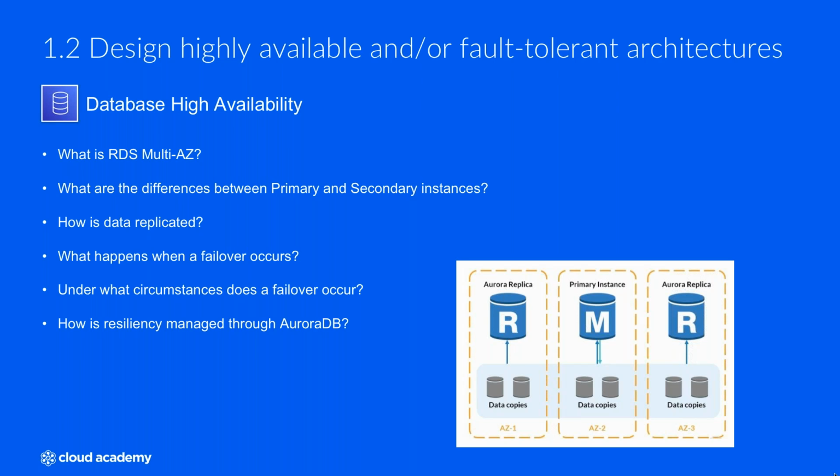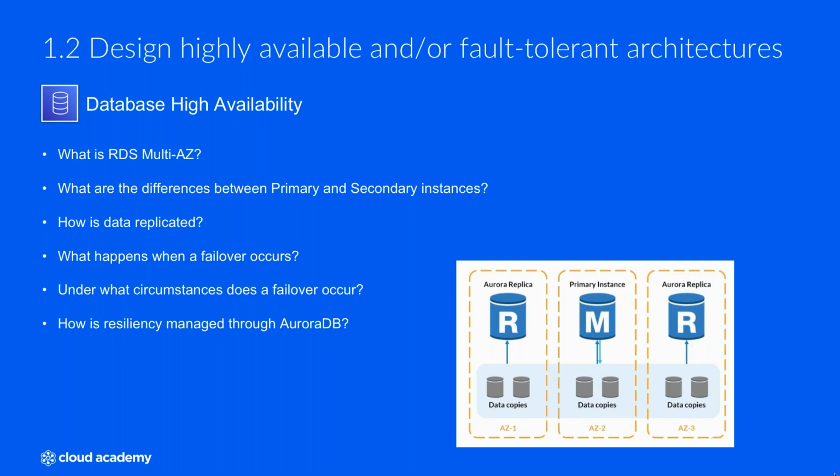AZ failures have happened within AWS, so it's certainly something to bear in mind. If the primary instance is rebooted with failover, that will be considered a fault on the primary. And lastly, if the database instance class on the primary database is modified, while that change is happening, all operations will move across to the secondary instance.